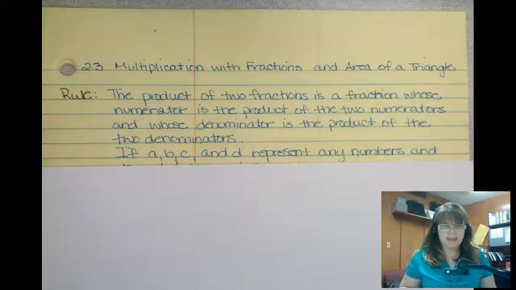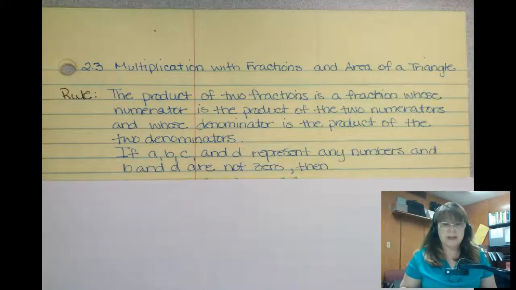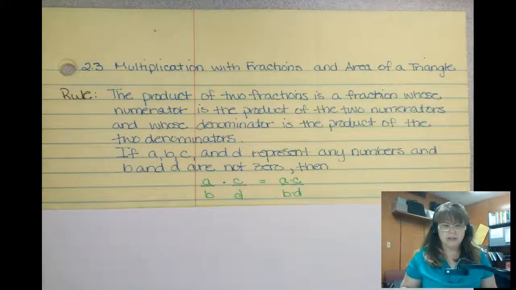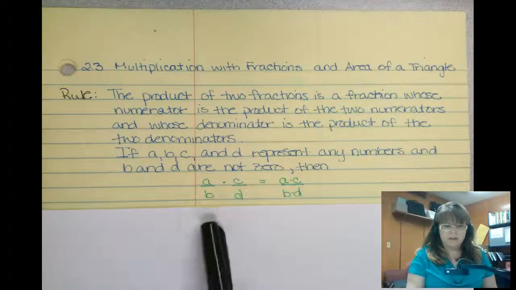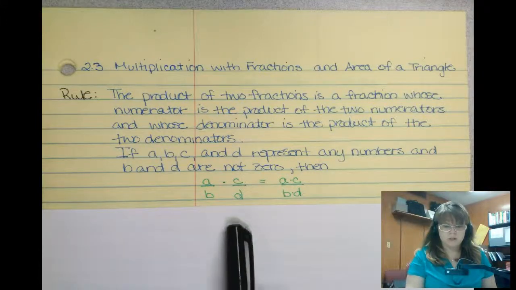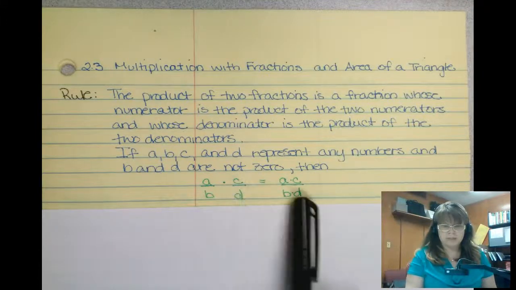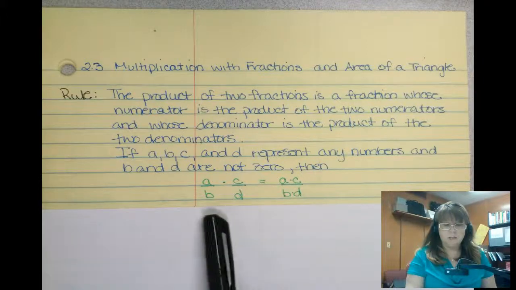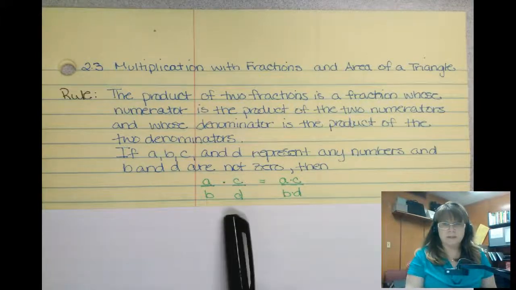So if A, B, C, and D represent any number, and B and D are not zero, then we have two fractions, A over B and C over D. If we multiply the two fractions together, you multiply the numerators, A times C, and you multiply the denominators, B times D.